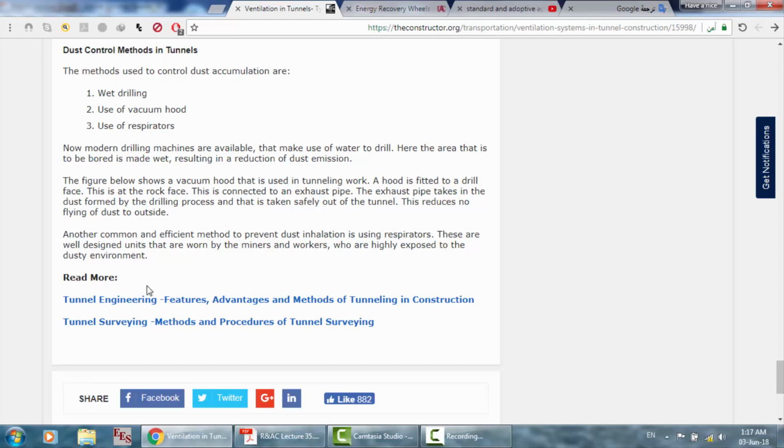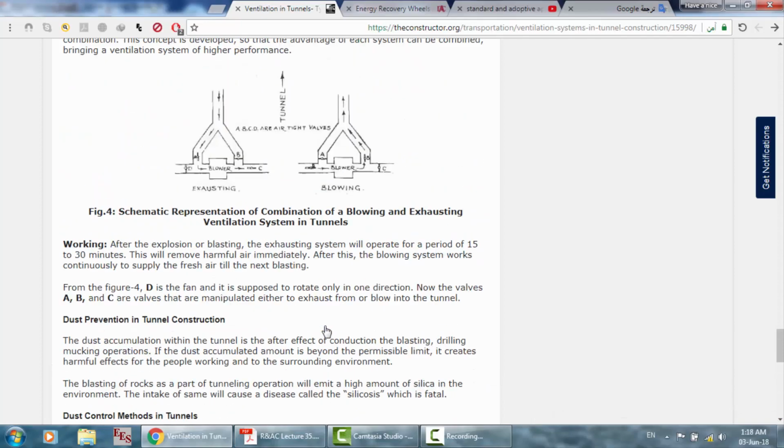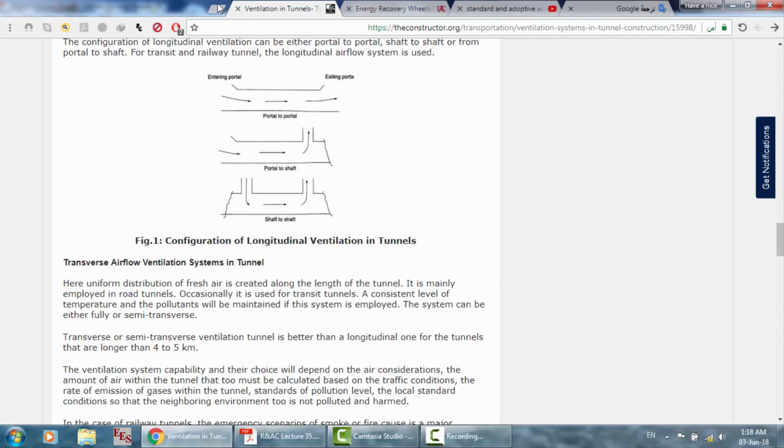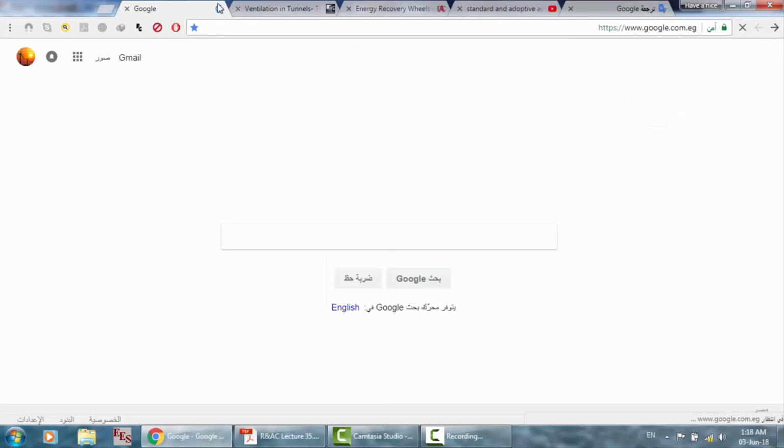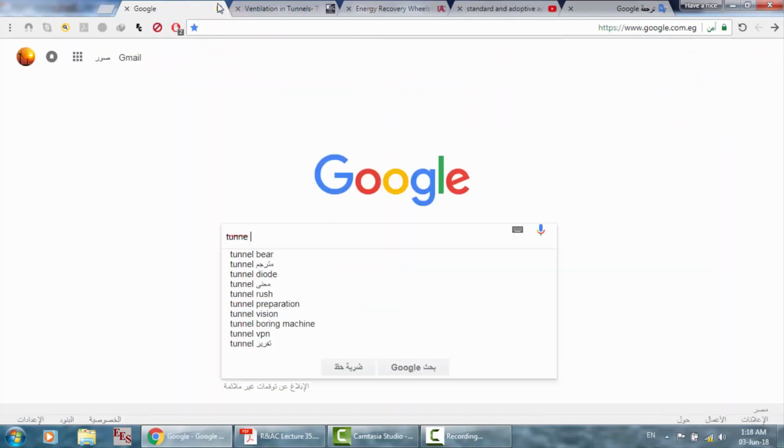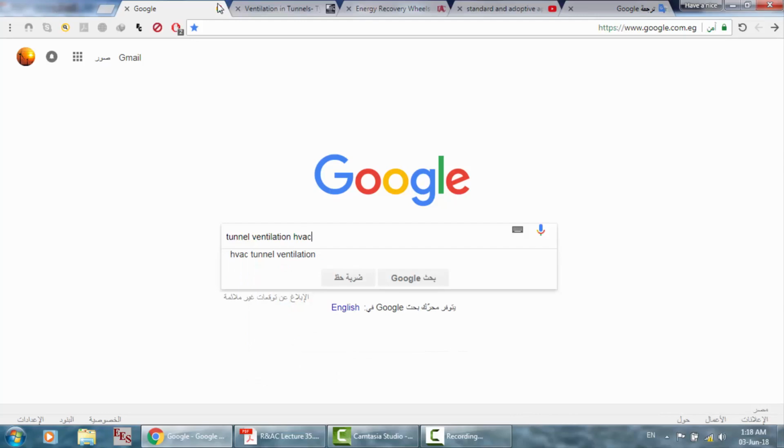We have here tunnel engineering features, advantages, and methods of tunneling in construction, tunnel surveying, and methods and procedures of tunnel surveying. You can also get many things on tunnel ventilation and for HVAC.